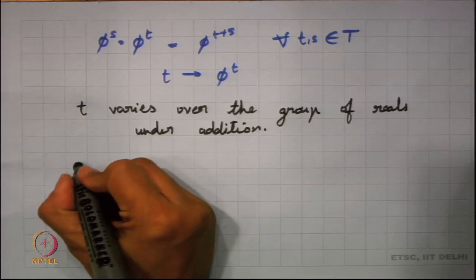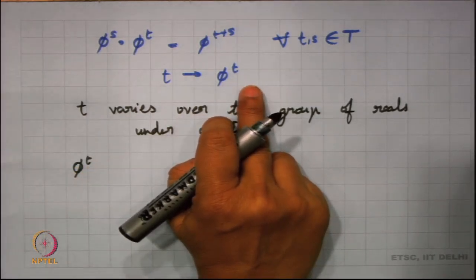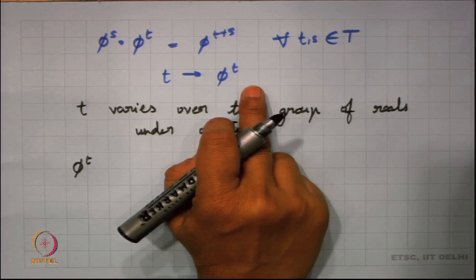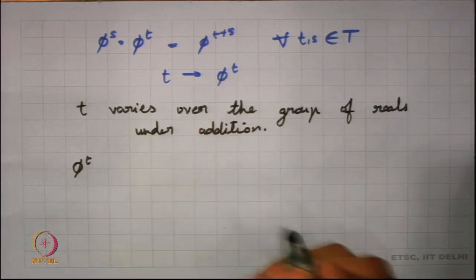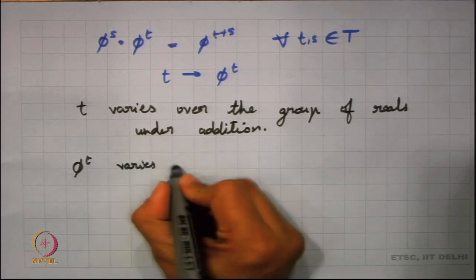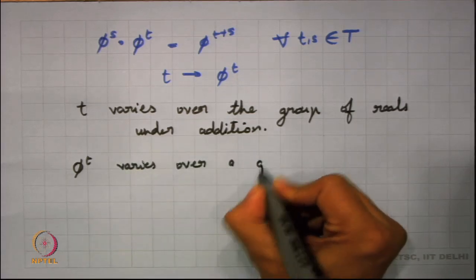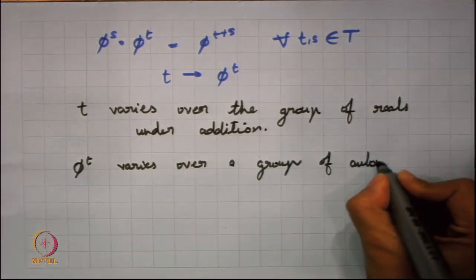And what is phi t? Now, if I look into my phi t, it is a map from X to X. So, I can think of this as sort of an automorphism on X. So, phi t is basically varies over a group of automorphisms.